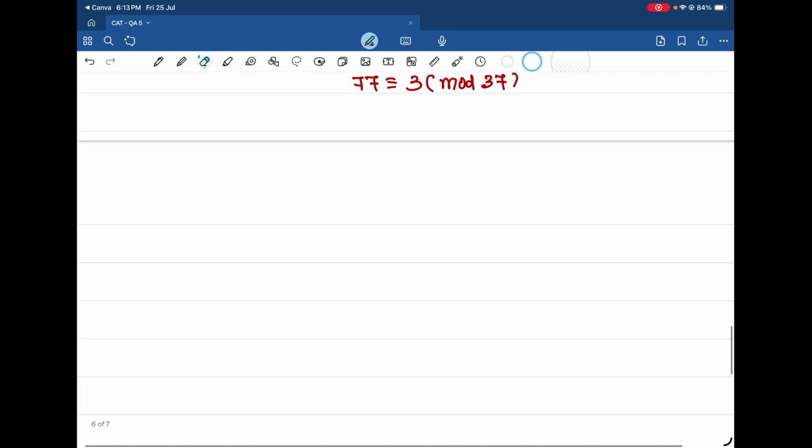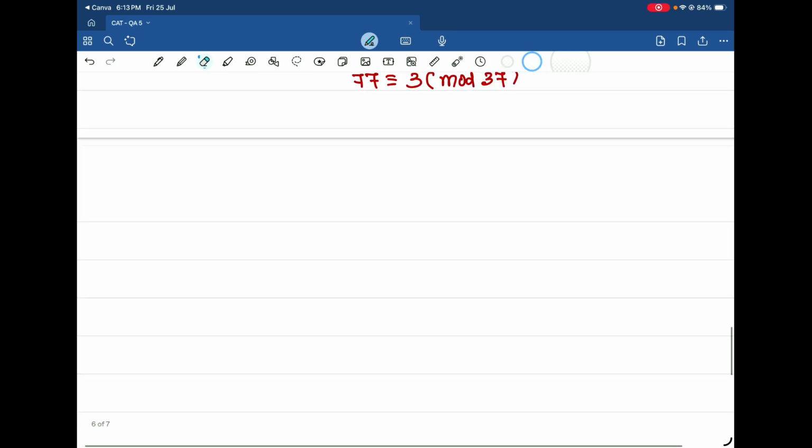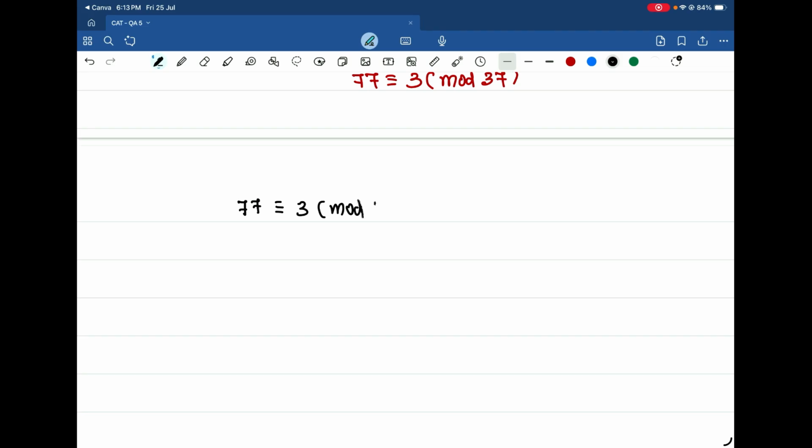Now, here what we have got is that 77 is equivalent to 3 mod 37. But what we require is 77 to the power of 77 equivalent to what mod 37?